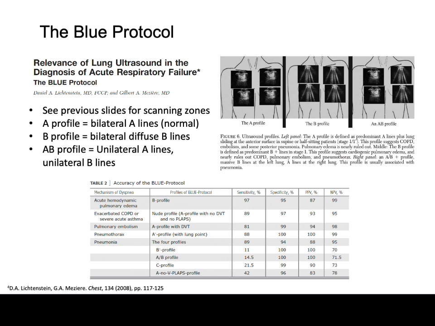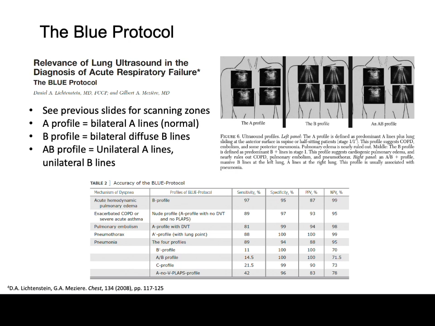One algorithm that can be used when evaluating a patient with respiratory failure is the BLUE protocol. The scanning locations of the BLUE protocol were discussed previously in this presentation. The goal of the BLUE protocol is to determine the profile of the lung parenchyma and pleural interspace of your patient.